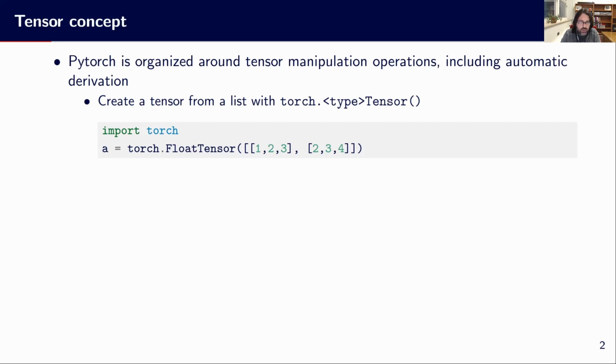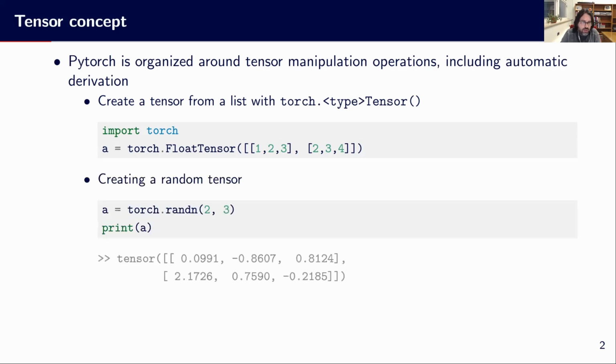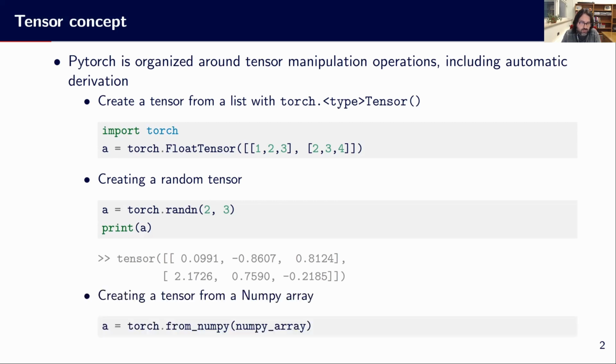For example, if we are building a tensor of floats, the statement here will build such a tensor. We can create a random tensor with random values, say normally distributed values, for example with randn, or maybe using another distribution. We just need to provide the shape of our tensor, and it will create a random tensor with the values we are looking for.